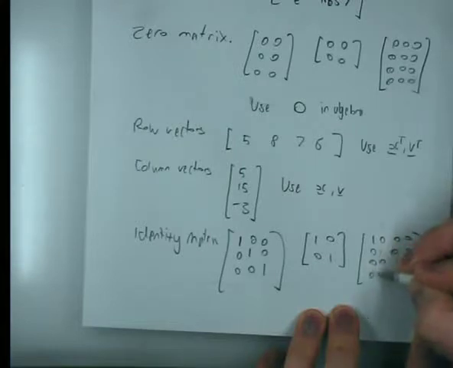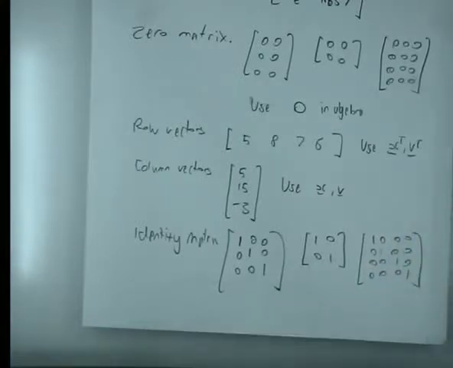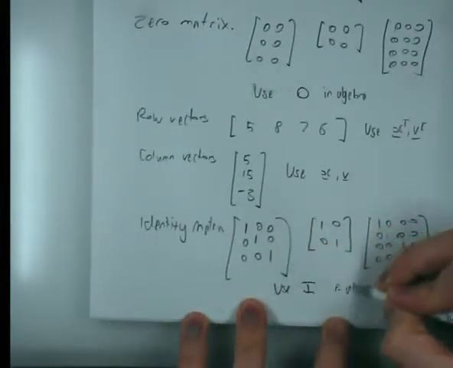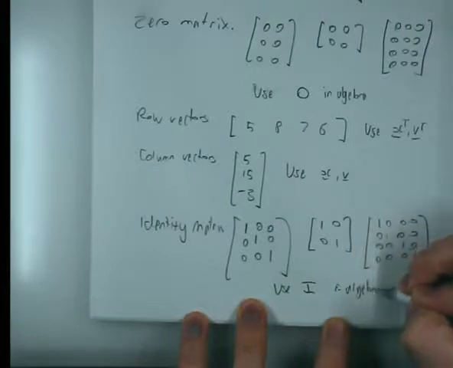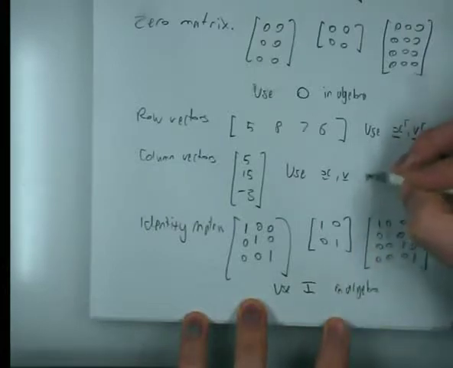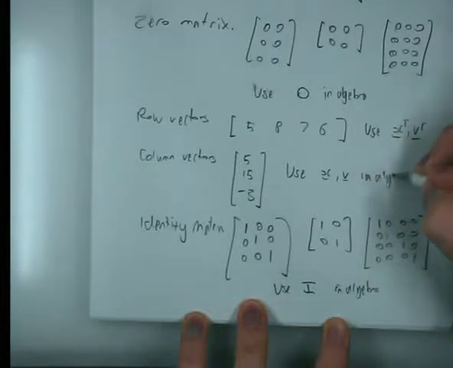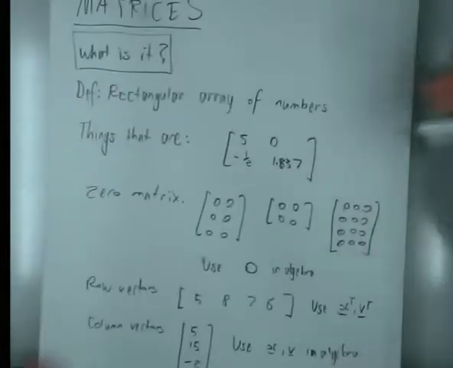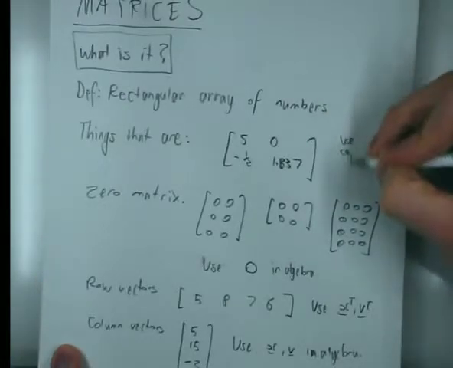Of course, you don't have to do all of these examples if you don't want, but that's what they're called. And we use the letter I in algebra. So when we're writing it down with an algebraic thing, we use the letter I. And up here I should probably say use capital letters.